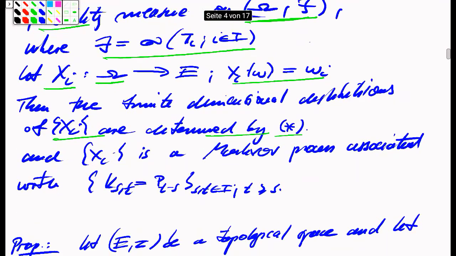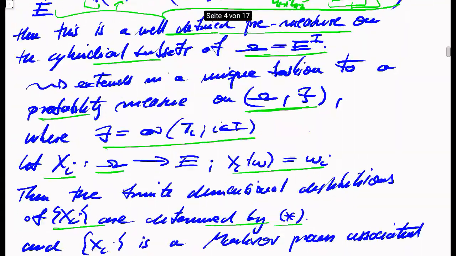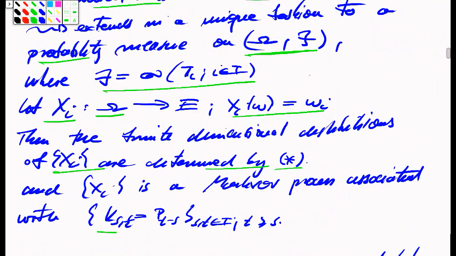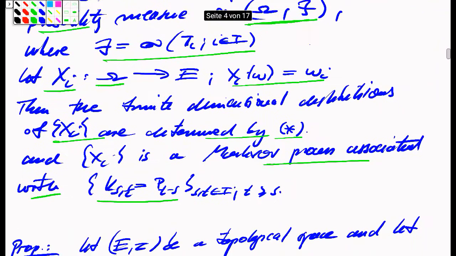And we can also see exactly by this formula that this is in fact a Markov process, which is associated with exactly this transition function. So that was a very quick presentation of a very complicated construction in the end, which involves quite a bit of measure theory.